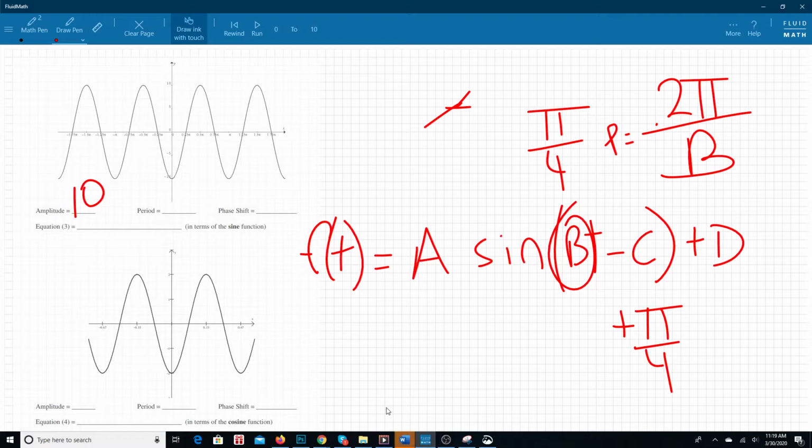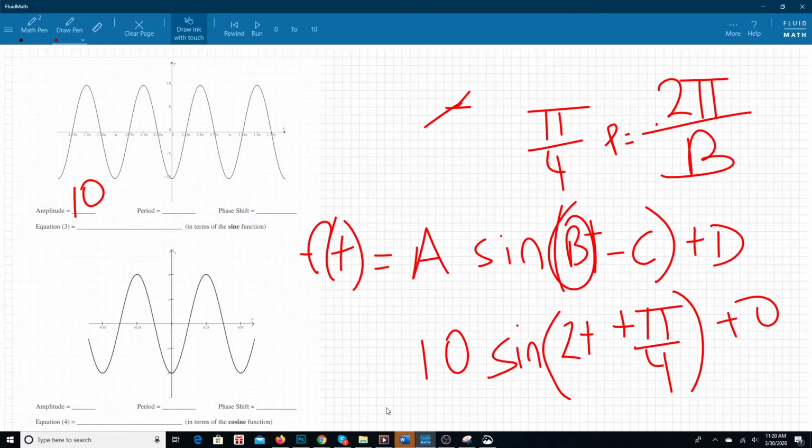If I shift this over just a little bit, about pi over 4, I get one cycle that will probably end at pi. So my b is going to be 2, plus 0, and I have an amplitude of 10. All right, that's my answer.